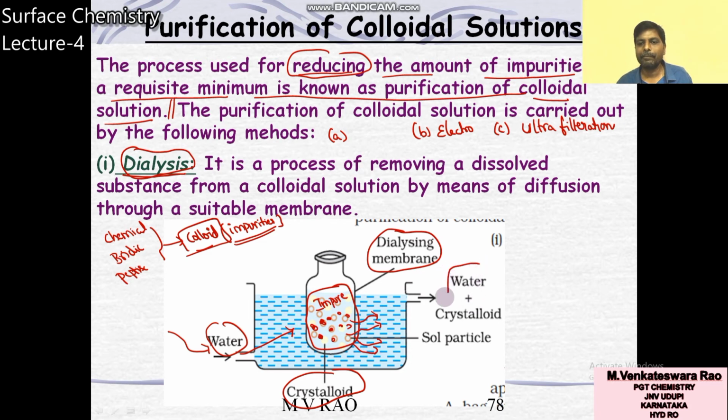So water plus crystalloid. Here you are sending only water, and you will get water plus crystalloid, that means impurities. The total impurities will come outside in the form of small particles. So this process is called dialysis. But dialysis is a slow process.